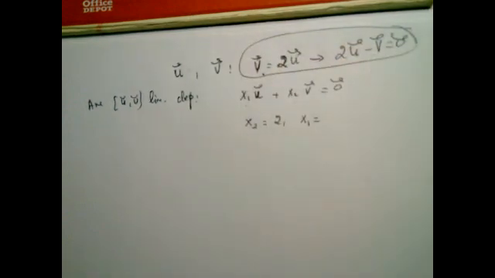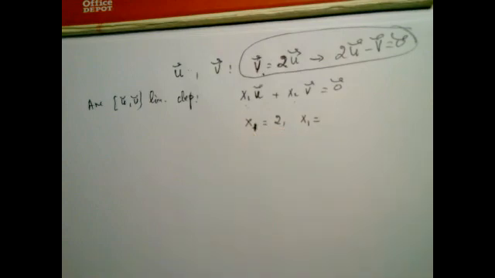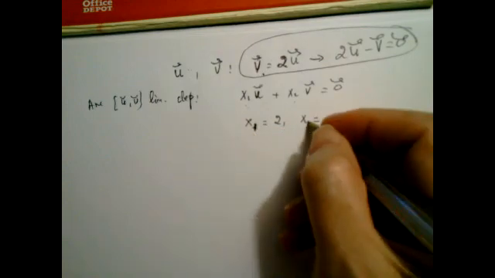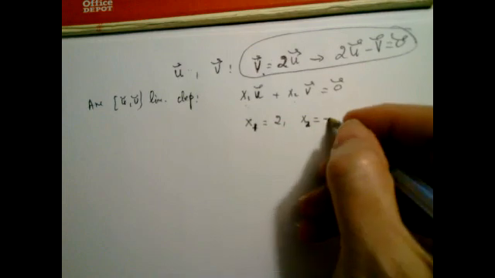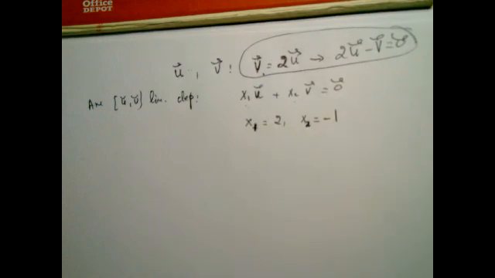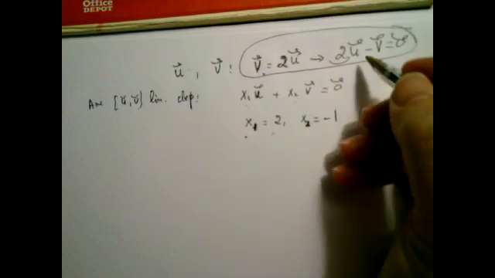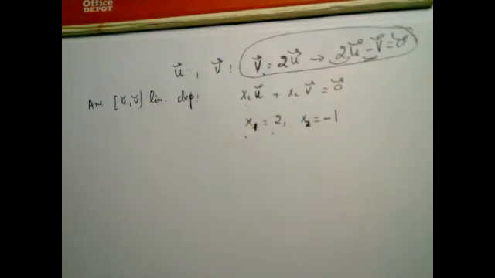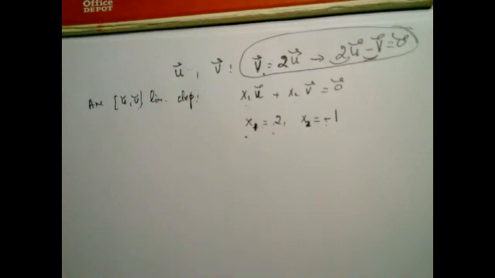Okay, you rearranged it. What's x1 now? x1 is 2. What's x2? Minus 1. x2 is the coefficient of minus v. So I have a solution which is not the zero solution. So they are linearly dependent.